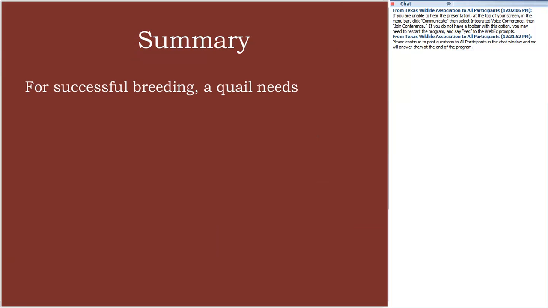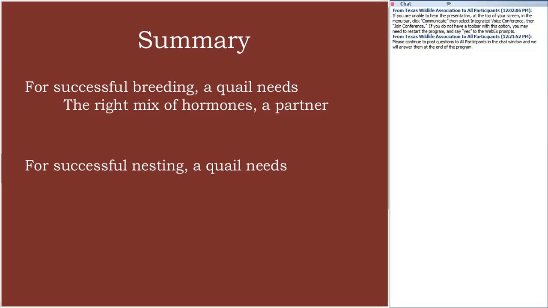Okay, so if we summarize what we've been talking about today, we have learned that for successful breeding, a quail is going to need the right mix of hormones, which is dependent in part on environmental cues and environmental factors, and of course they also need to find a partner. We know that for successful nesting, a quail is going to need an adequate nesting substrate.